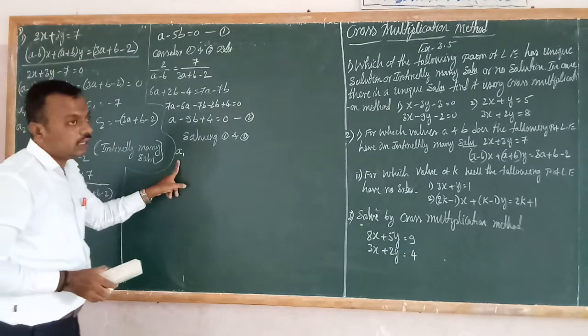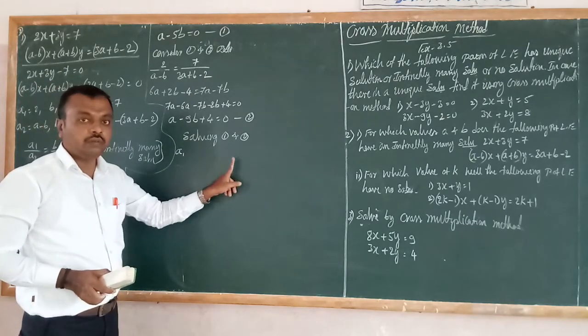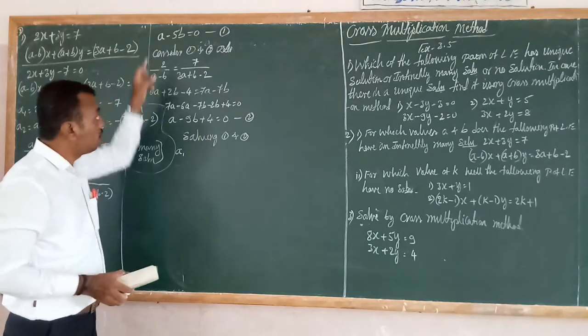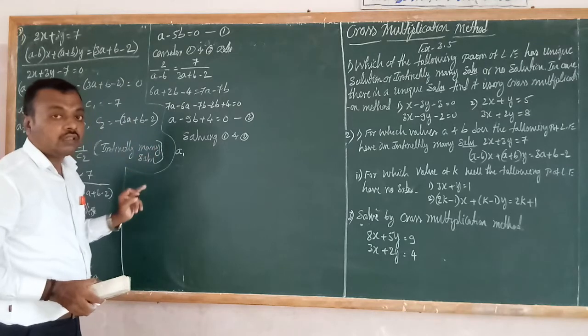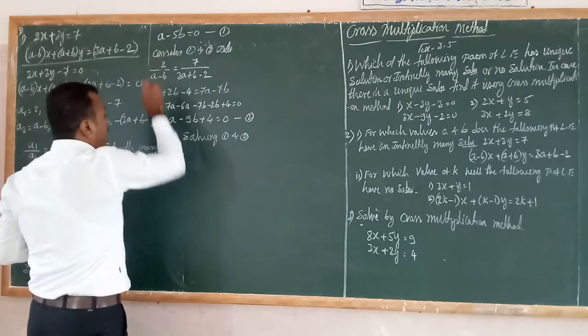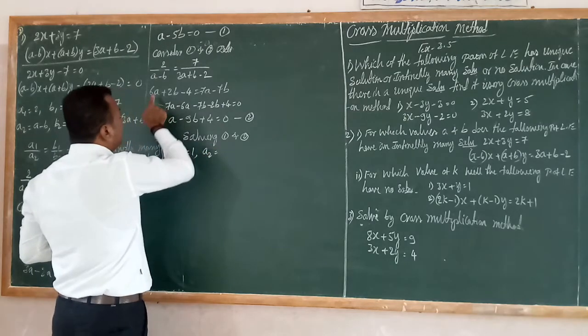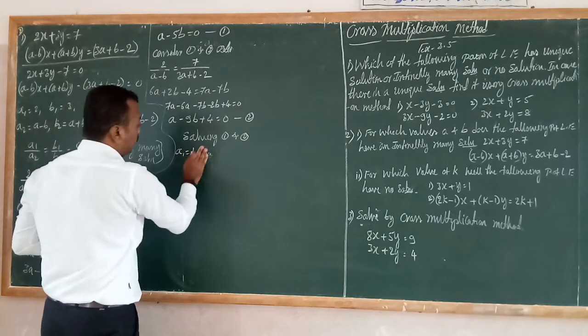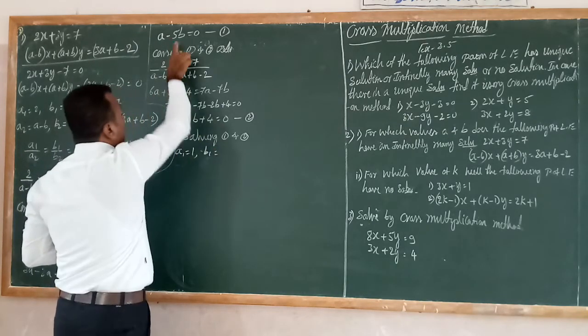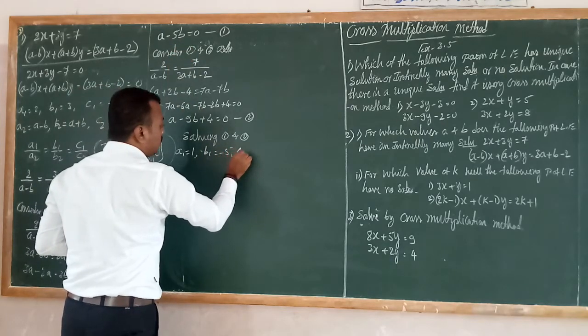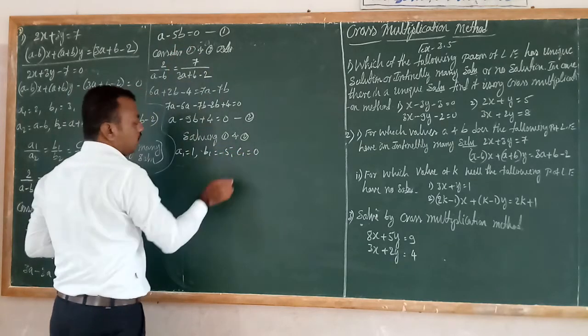Now we have to write that A1, A2 and B1, B2, C1, C2 are the reduced form of the given equations. A1 is 1. So I will write down B1 first. B1 is equal to minus 5 and C1 is equal to 0. Nothing is there, means 0 is there.